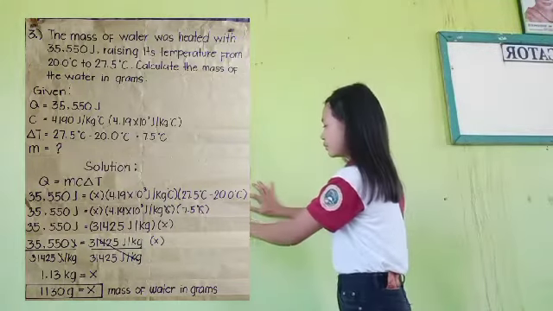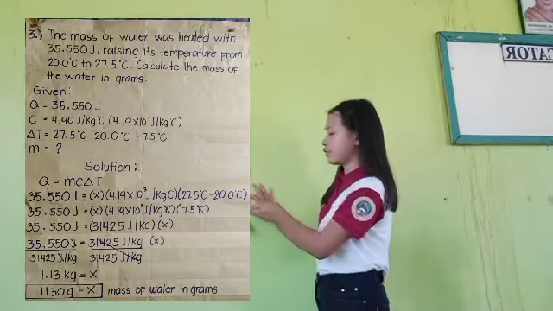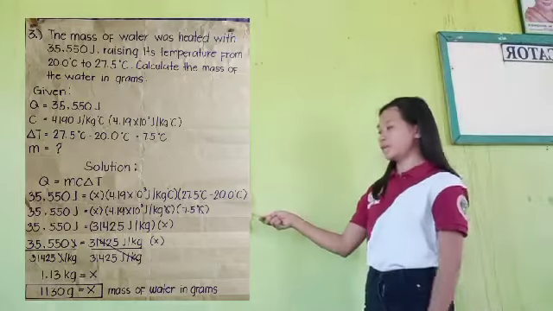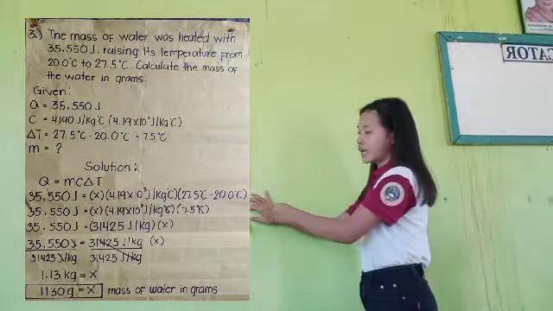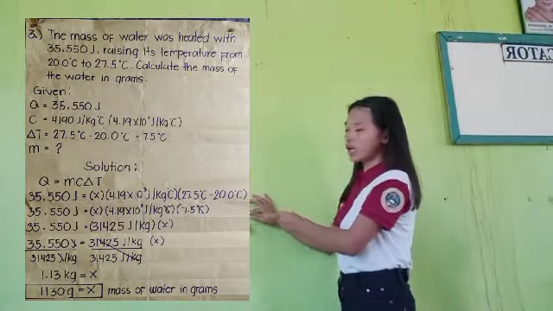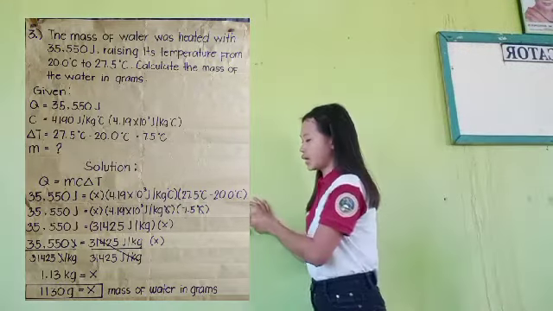So 35,550 joules divided by 31,425 joules per kilogram is equivalent to 1.13. Cancel both units, which is the joules. So 1.13 kilograms is equal to X.